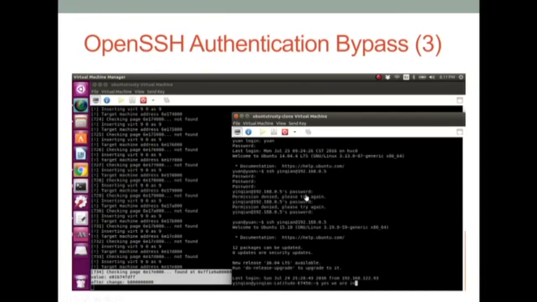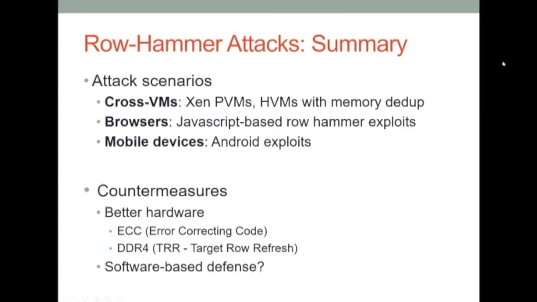Okay, so to summarize the state of the art of the rowhammer attacks, in terms of attack scenarios, there have been cross-VM attacks. And in this paper, we show that we can do cross-VM attacks in Xen PVMs.